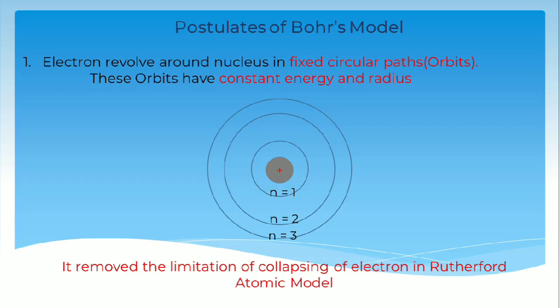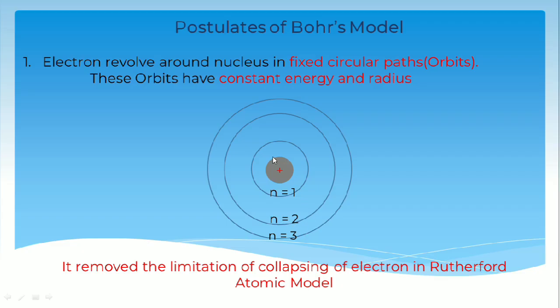According to Bohr, electrons revolve around the nucleus only in certain fixed circular paths called orbits. These orbits are represented by n, that is, n equals 1, n equals 2, n equals 3 and so on.